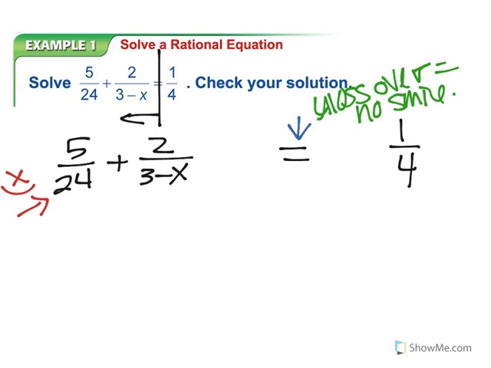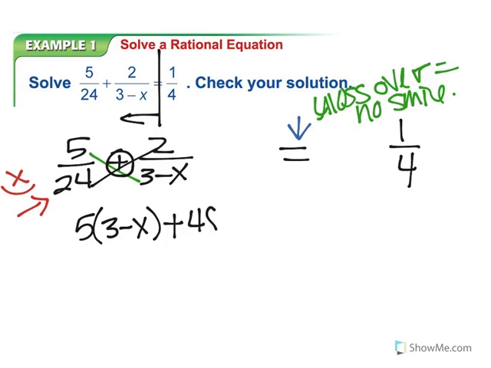Alright, so I have 5 times x minus 3 minus x, and I'm going to put that in parentheses here. I'm going to take my middle value to give me a plus, and then to get the rest of the numerator, 24 times 2, which is 48. We're going to divide by, can't forget your SMILE, so 24 times 3 minus x.